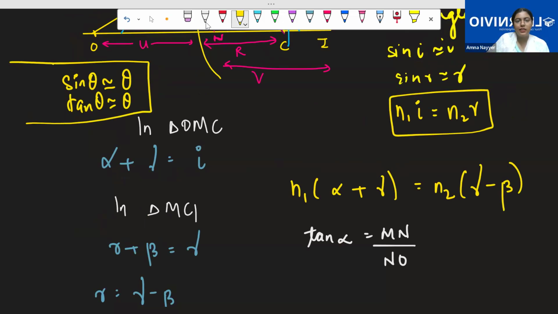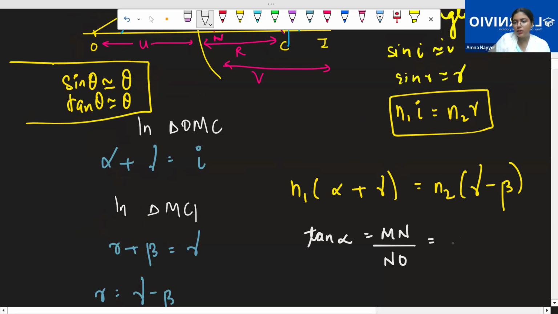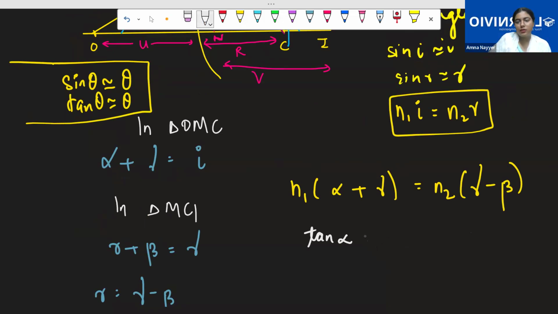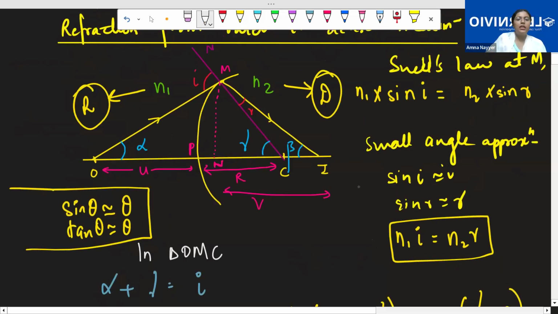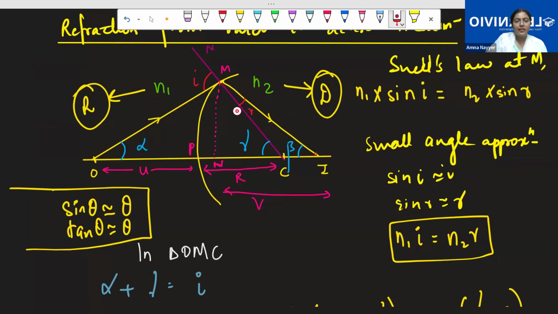So tan alpha is almost equal to alpha, which is equal to MN by ON.